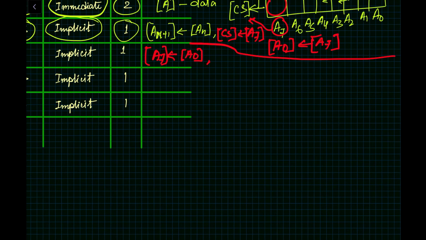Next, the carry status, I will show you with a schematic diagram, will be rewritten with A0. Now the least significant bit is coming to the carry status, and for An, where n may be 0 to 6, it will be rewritten with the next most significant bit, so An+1 will be written to An.